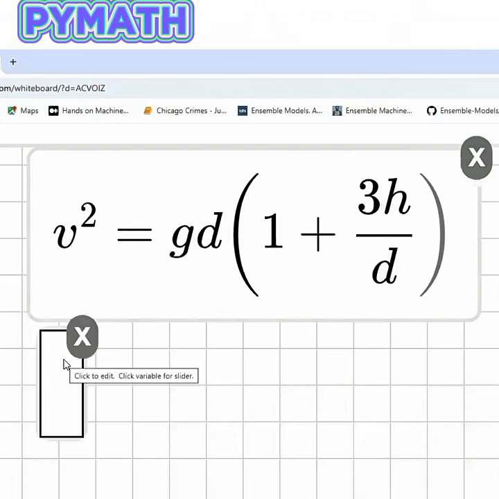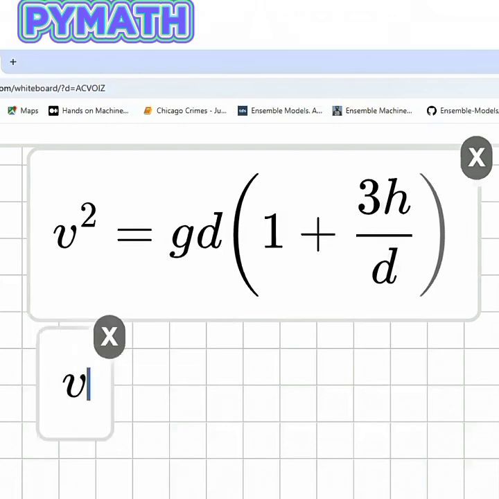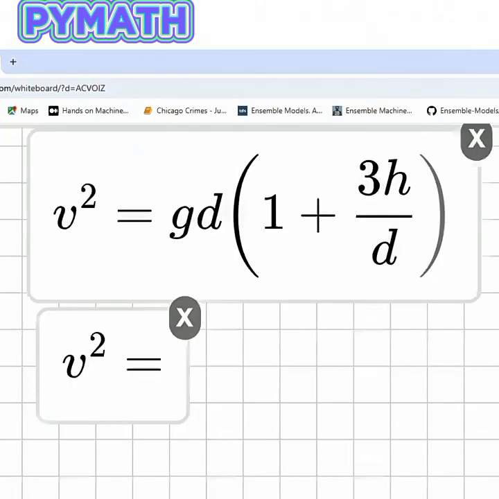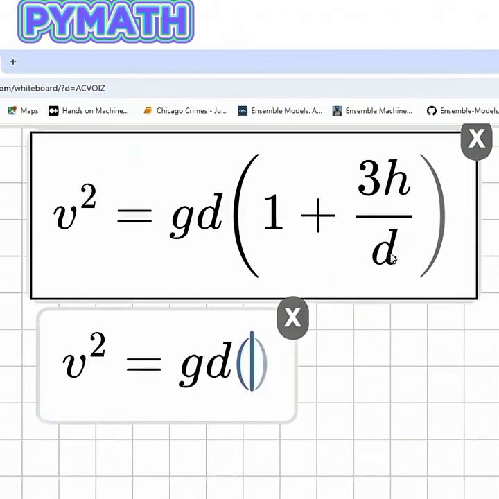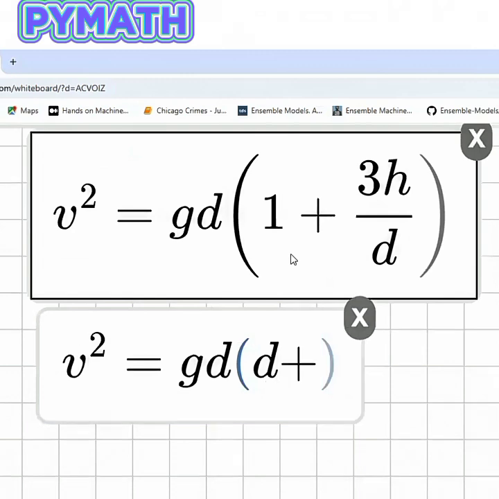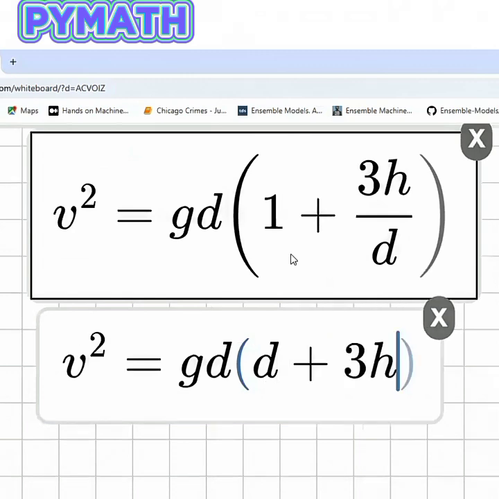So in our next step, we'll have v squared equals gd. Now for this, the LCM, of course, is going to be d. So we'll have d plus 3h, of course. The whole of that, let's put that in bracket.